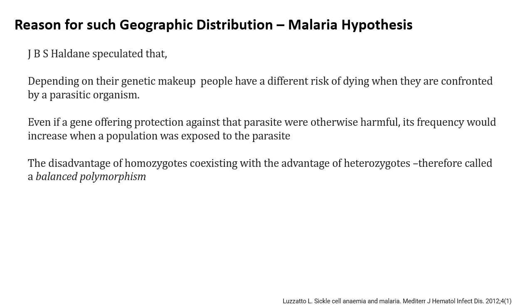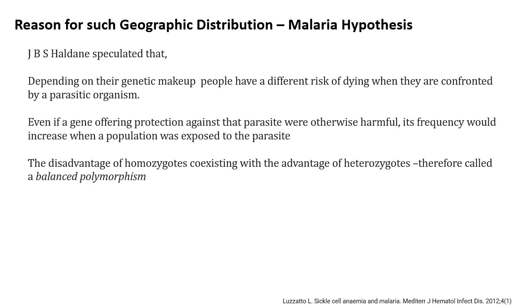So although it provides an advantage to HbS carriers, its frequency would increase when the population was exposed to the parasite. The disadvantage with homozygous is that you would have homozygous conditions coexisting with the advantage of heterozygous.